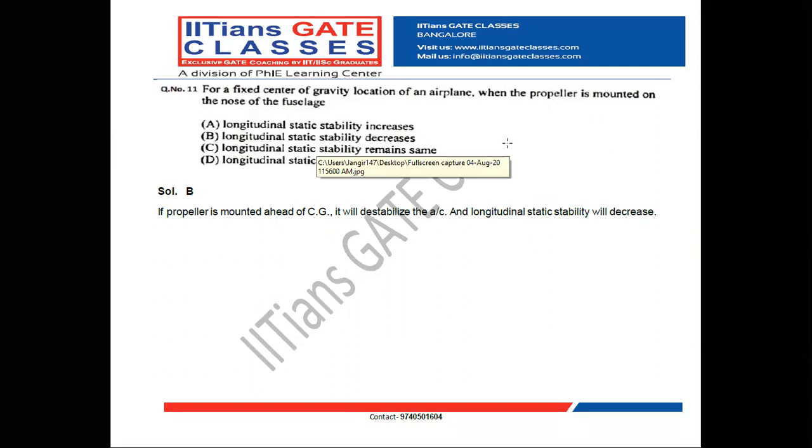Since the CG location is not allowed to change, it is creating a destabilizing effect because of the rotation of the propeller, which is creating a normal force, which is creating a positive pitching moment coefficient. Thereby, it is causing a destabilizing effect.